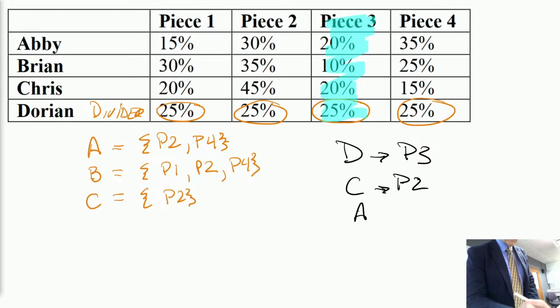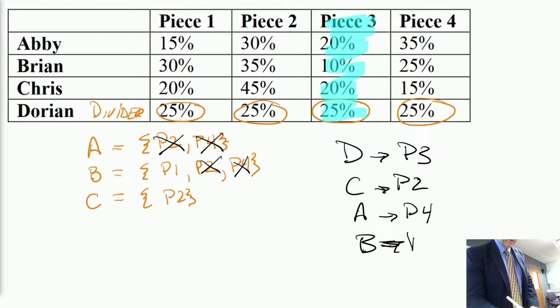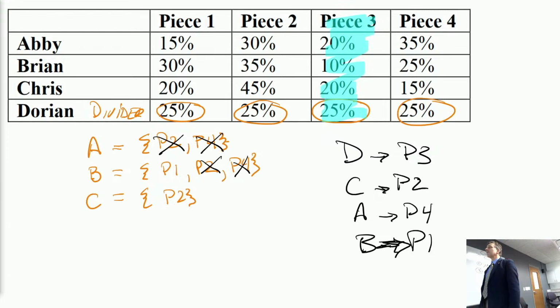And then now that piece 2 is gone, A only has piece 4 on their list. And then that leaves B getting piece 1. It is possible that you might end up with 2 different ways of dividing things up, but for this, this is pretty much it.